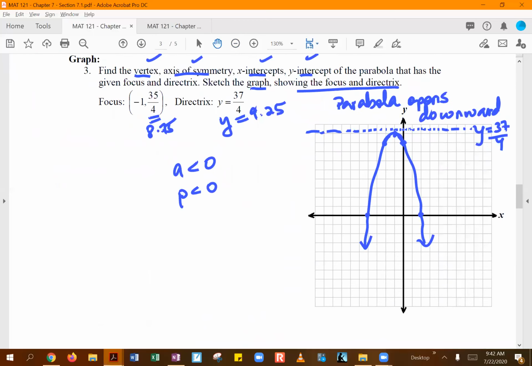So our focus is going to be at (-1, 35/4).